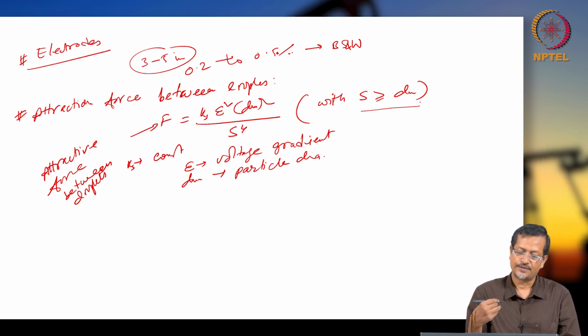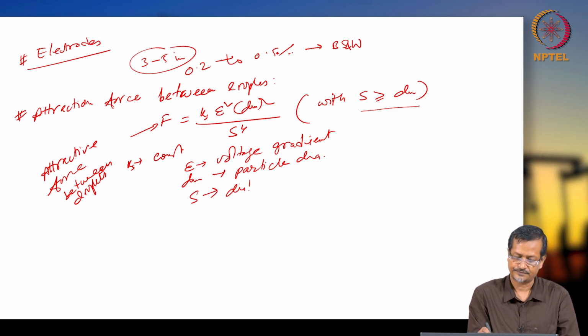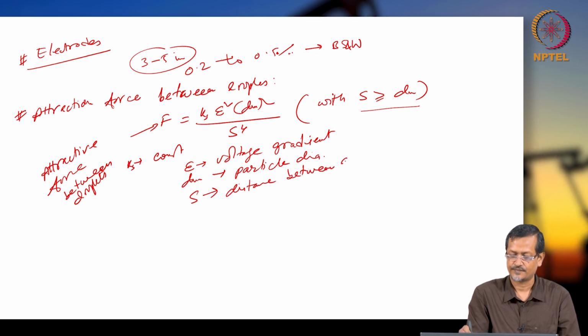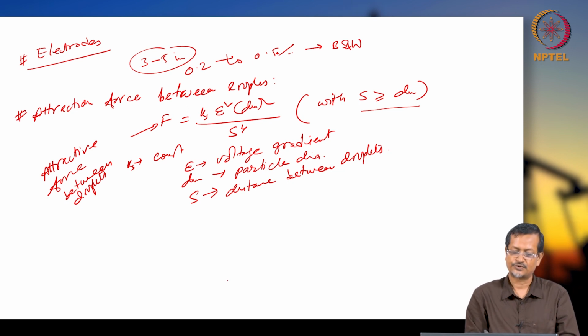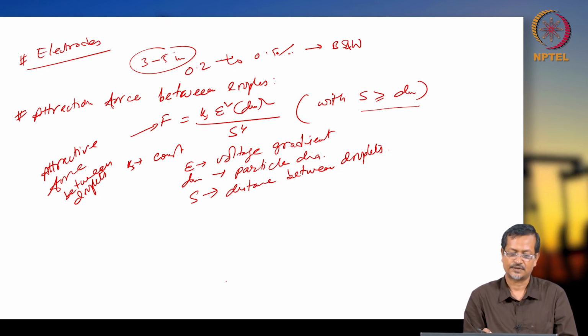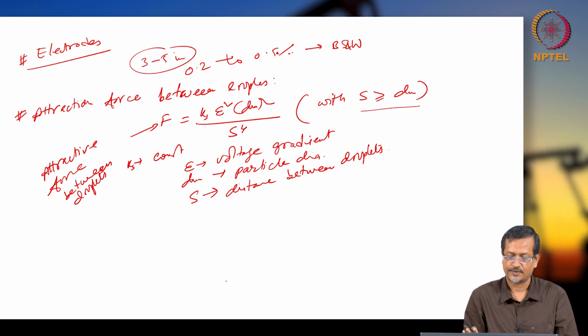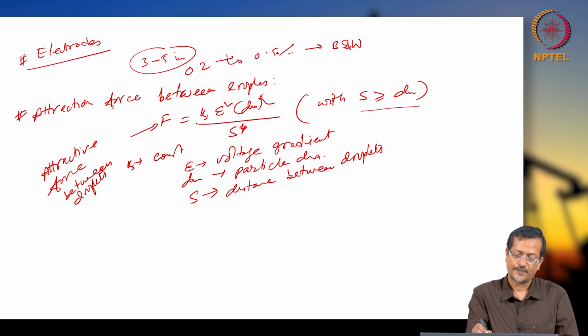So, s is the distance between droplets. With a small increase in the distance between droplets, the drop in attractive force will be very high, because you see power 4 is there: s power 4, dm power 2.